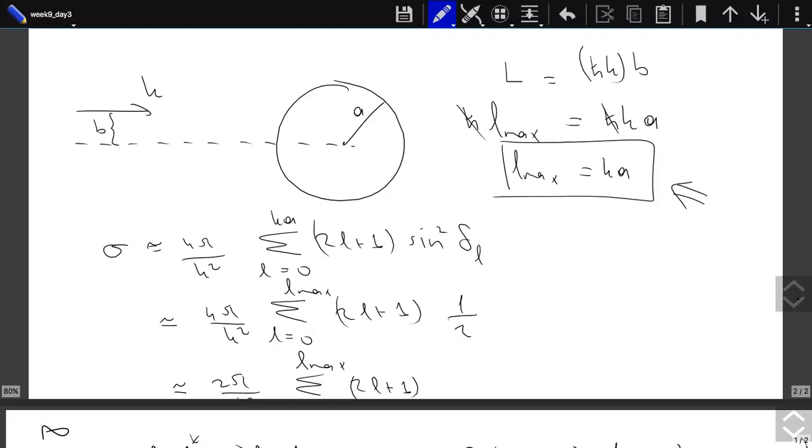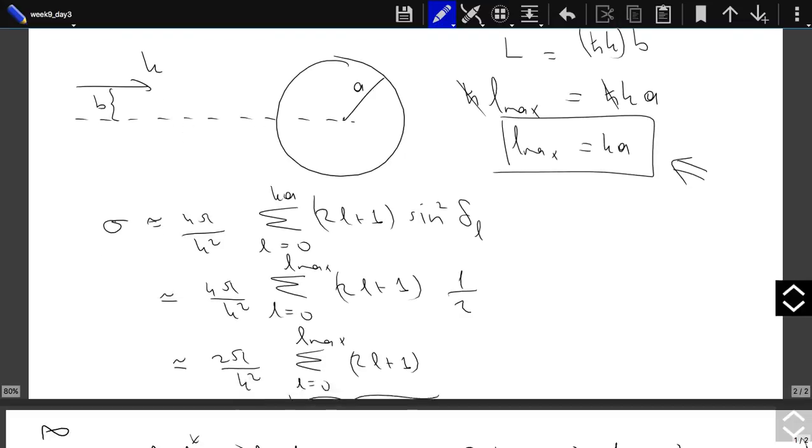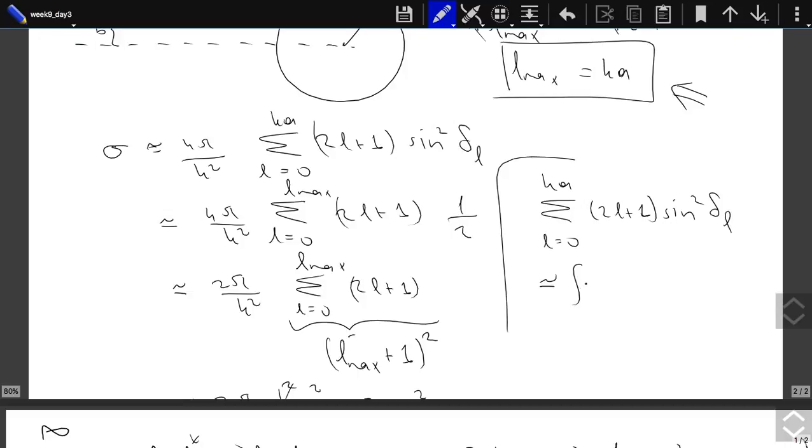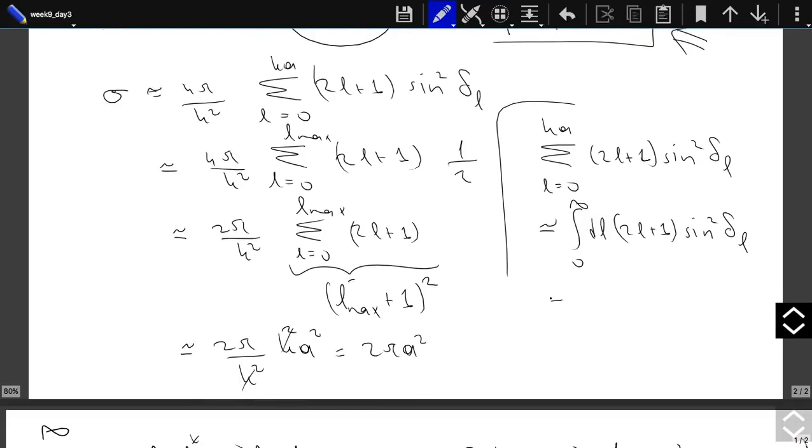The sum of 2L plus 1 sine squared delta L, if you approximate it by an integral from 0 to infinity of 2L plus 1 sine squared delta L, just turns out to be approximately Ka squared times 0.6.